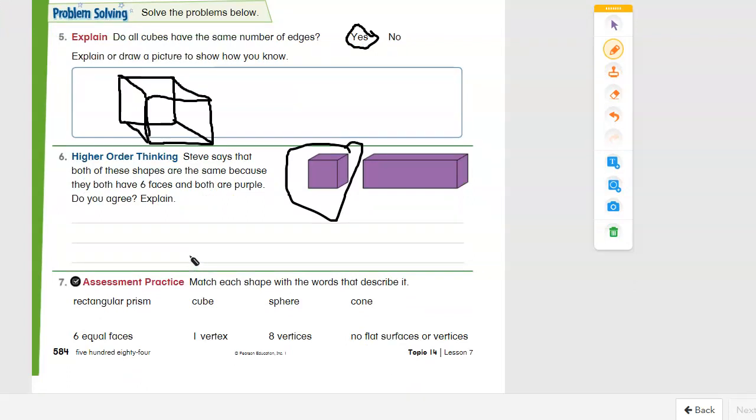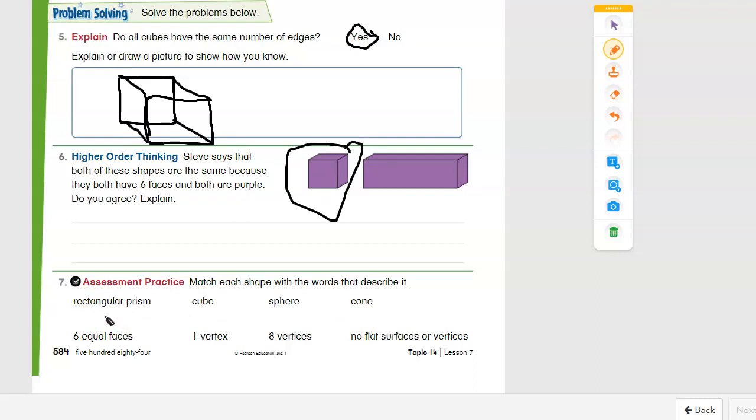And our last one, number 7, it says match each shape with the words that describe it. So all of our shapes are up here. So we have a rectangular prism, a cube, a sphere, and a cone. So you are going to draw a line to each one. So, for example, let's do rectangular prism together.